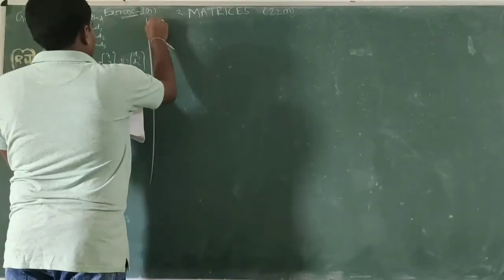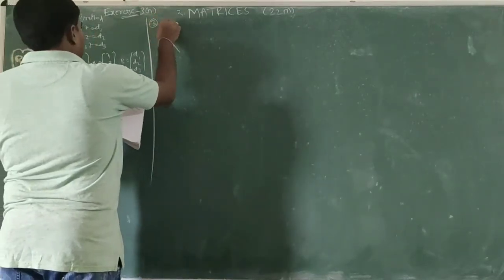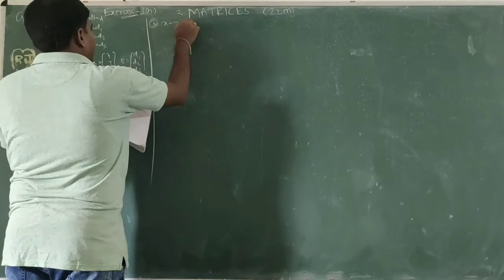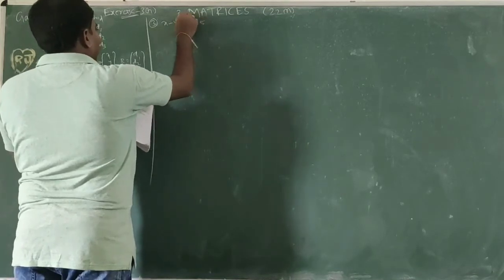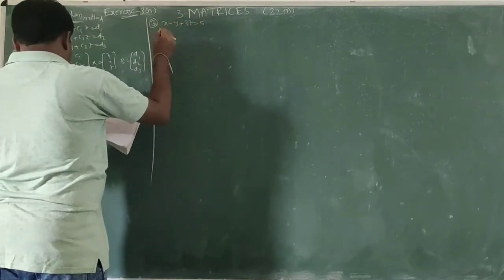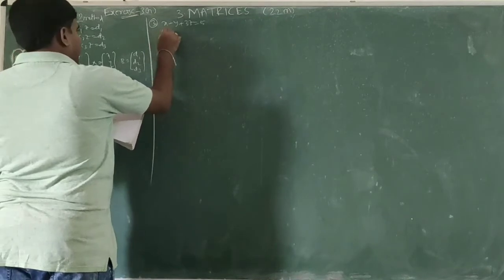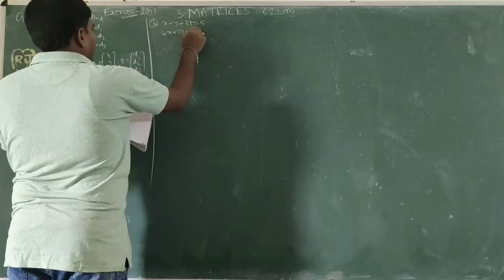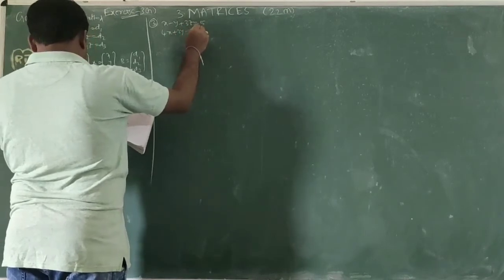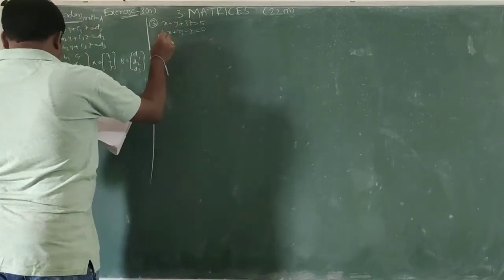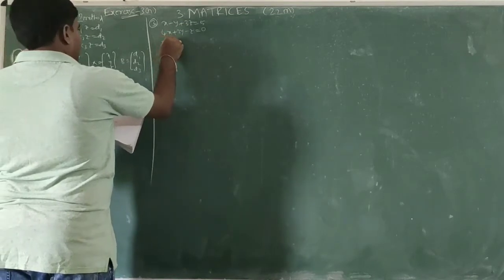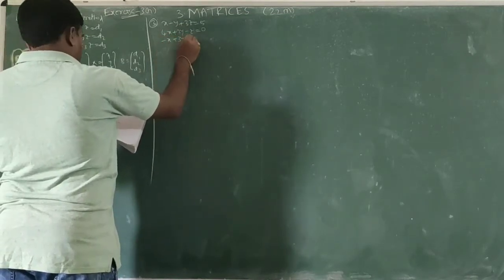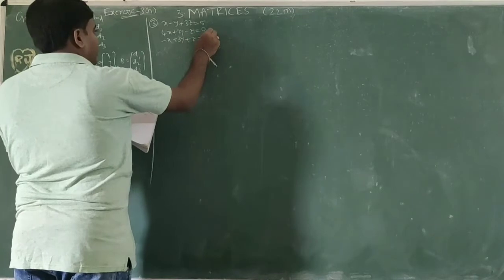Third, x minus y plus 3z equal to 5. 4x plus 2y minus z equal to 0. Minus x plus 3y plus z equal to 5.